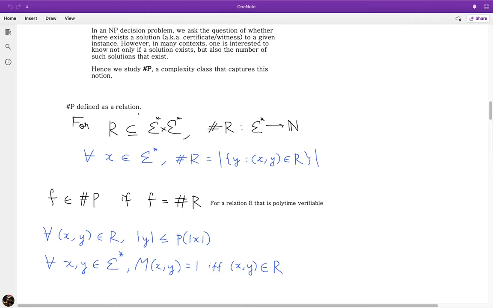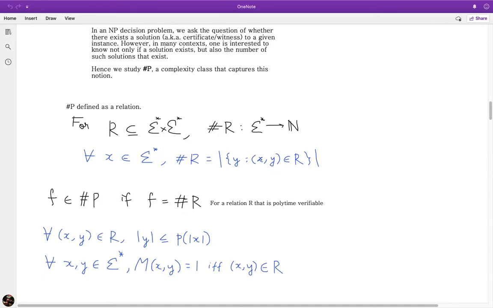So #R describes the counting problem here. For all x which belongs to sigma star, so all the strings x, we define #R(x) as the number of elements in the set of y such that (x, y) belongs to R.